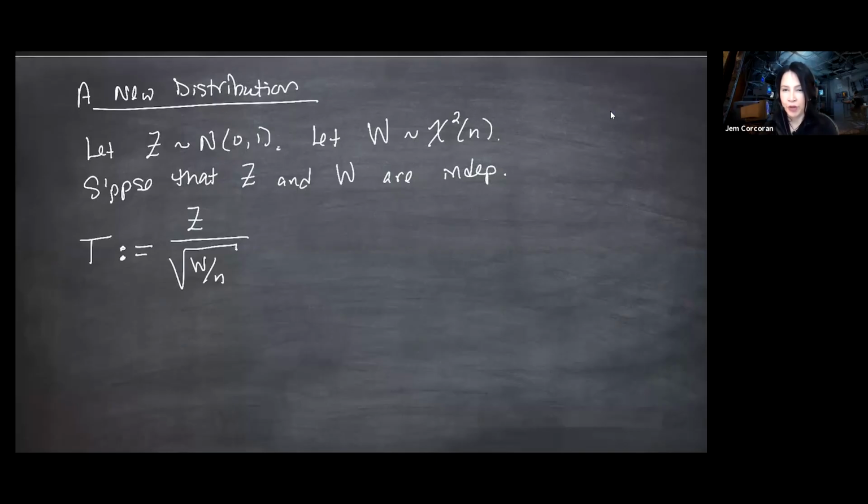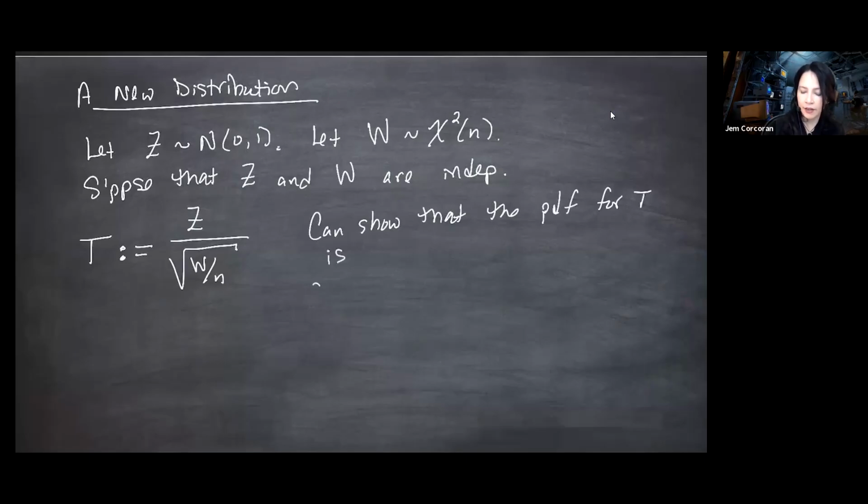Then we can find the distribution of this. We can use our Jacobian method and let this be t1 and let t2 be the denominator. And we actually could plug through this. We don't want to, but we can show that the PDF for t is given by ft of t.